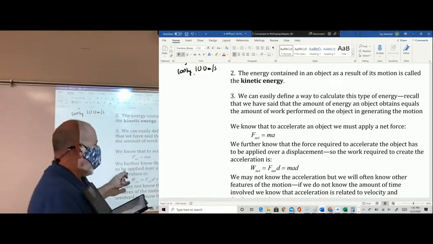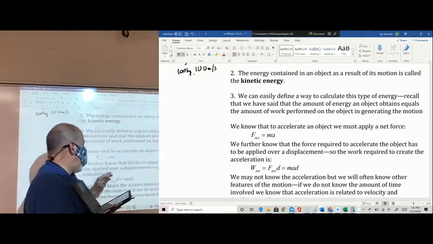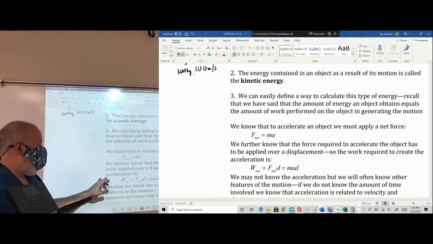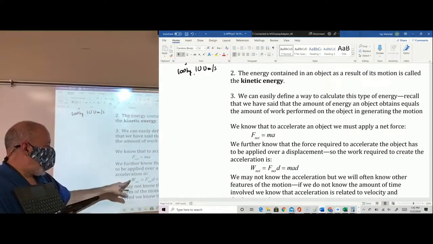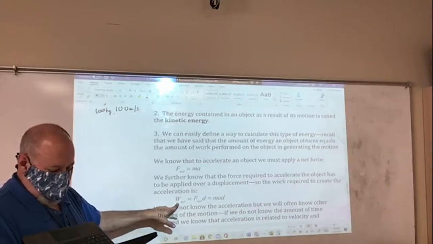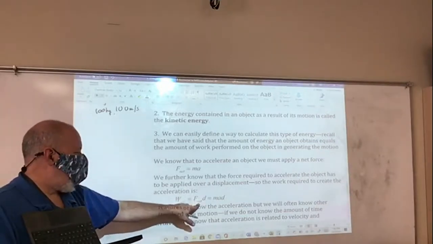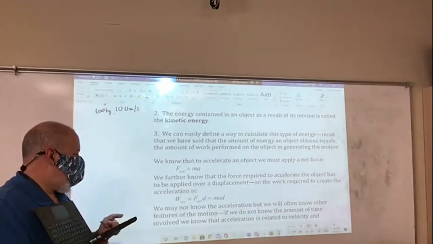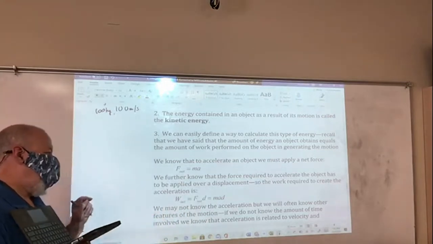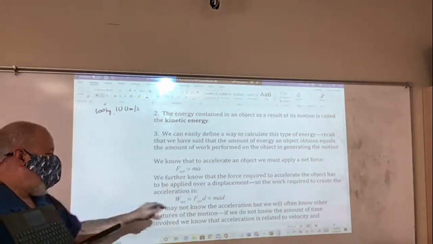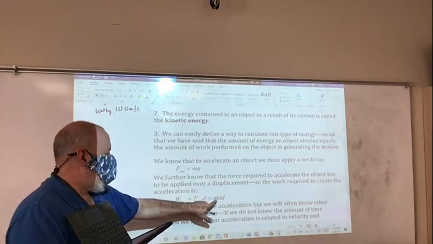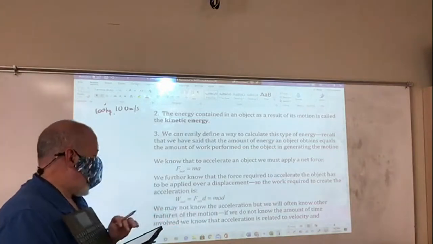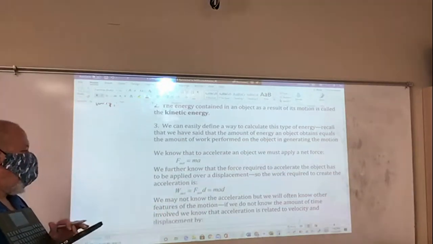So, the work required to create the force, or to create the acceleration, is going to be, we got time, force times distance equals, and I've left the cosine out here, that's okay, so I know that force times distance is now mass times acceleration times distance.